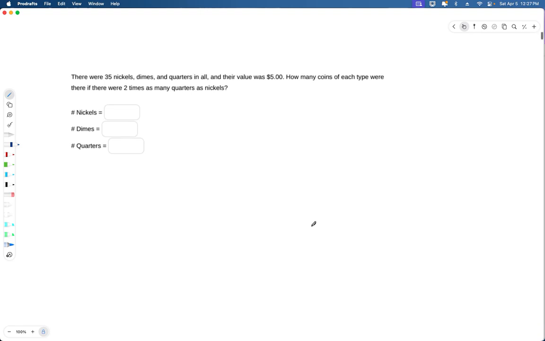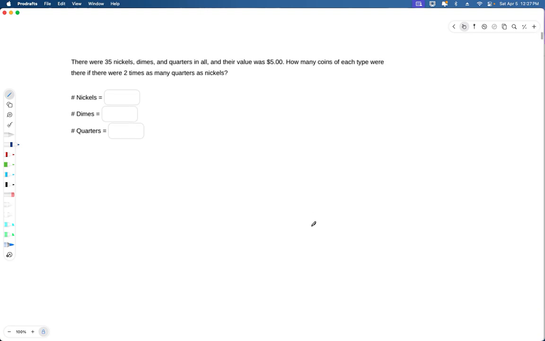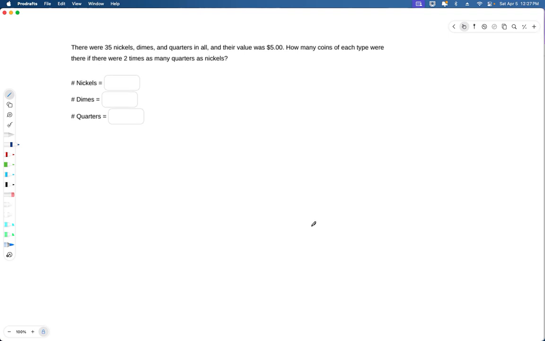All right, so there were 35 nickels, dimes, and quarters in all, and their value was $5. How many coins of each type were there if there were 2 times as many quarters as nickels? All right, so nickels plus dimes plus quarters equals 35.